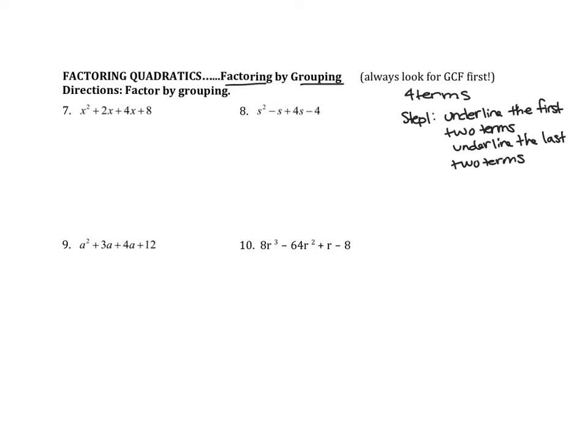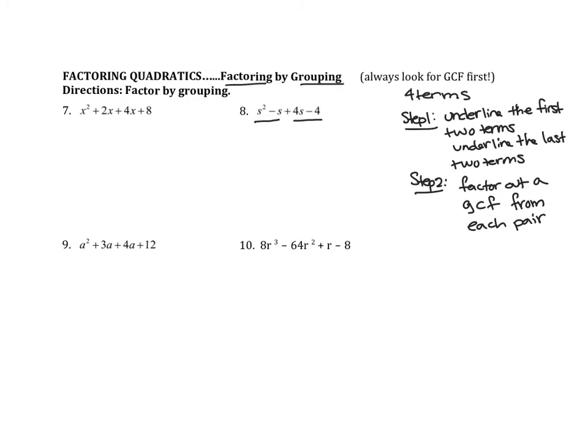So let's go to number 8 and work on it for a moment. We'll underline the first 2, and then separately I'm going to underline the last 2. Step 2 is we're going to factor out a GCF from each pair.